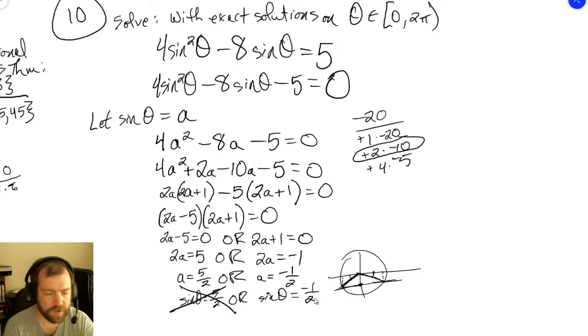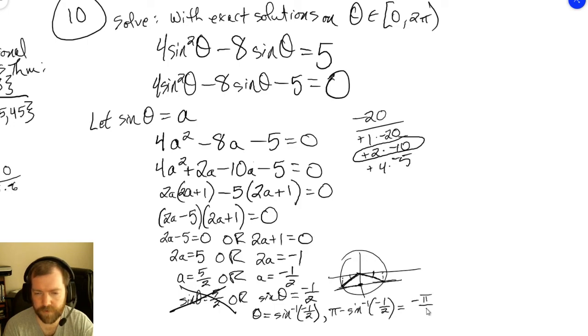So if you take the inverse sine of both sides, you get that theta is going to be the inverse sine of negative 1 half, and also pi minus that. The 30-degree reference angle is a negative pi over 6, and pi minus negative pi over 6.